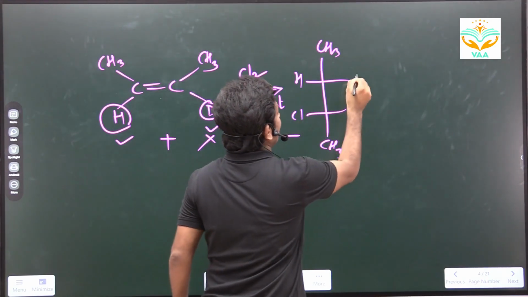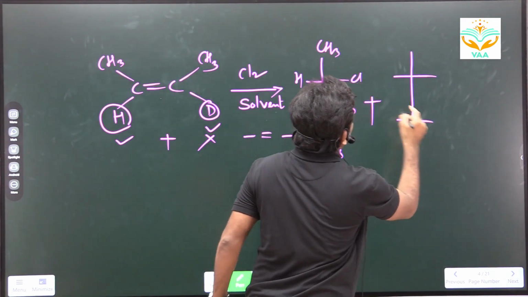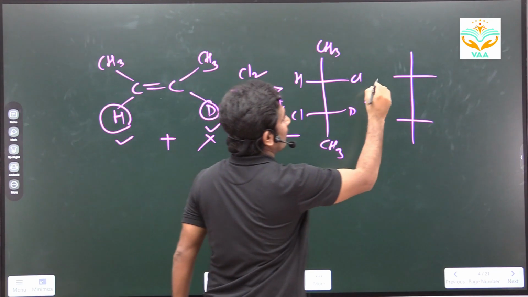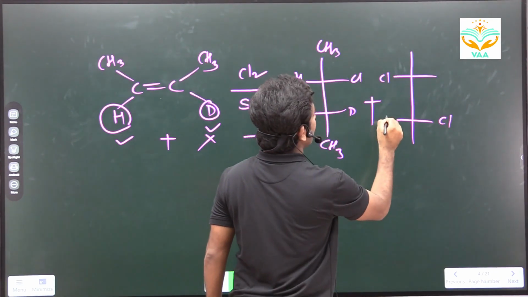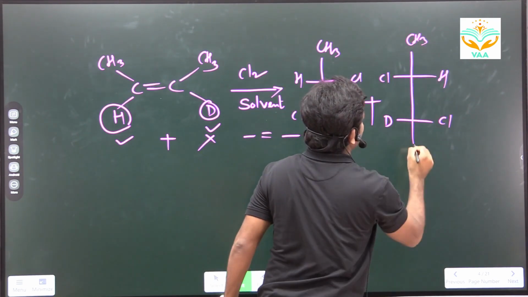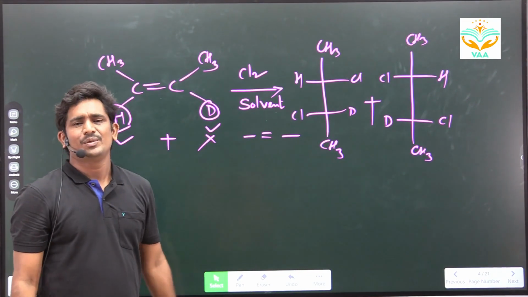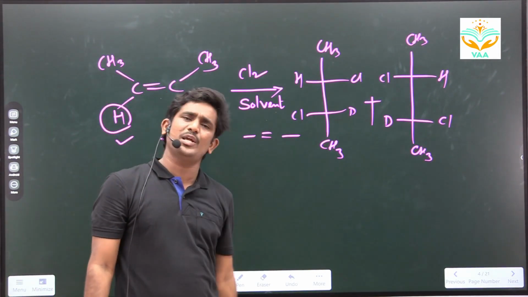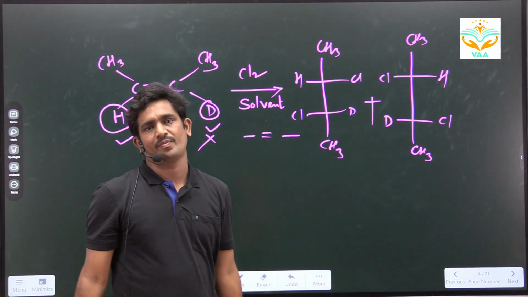Plus, now here I have written chlorine on the right side, now write it on the left side. Here deuterium, here hydrogen, CH3 and CH3. See, it is so easy. You can write any product with the help of this simple mathematical trick.